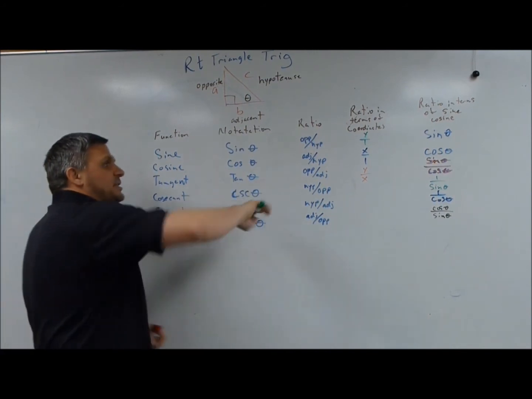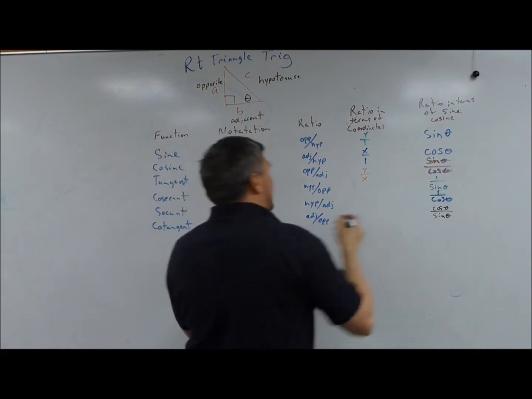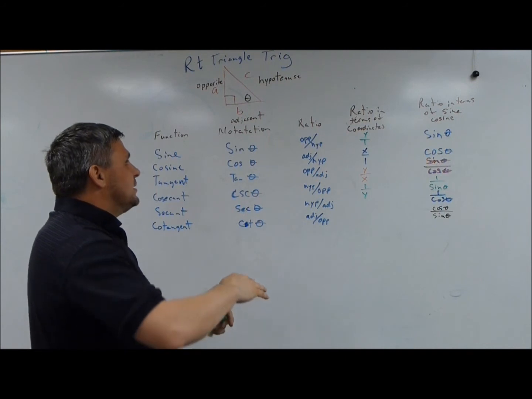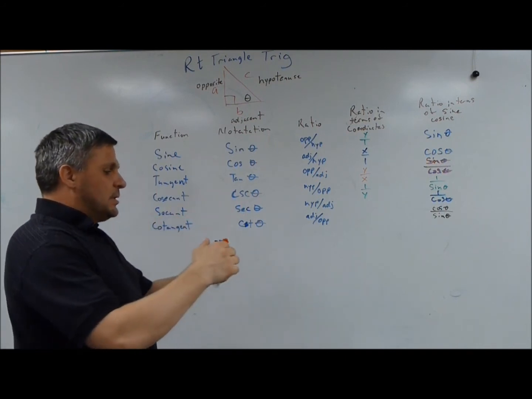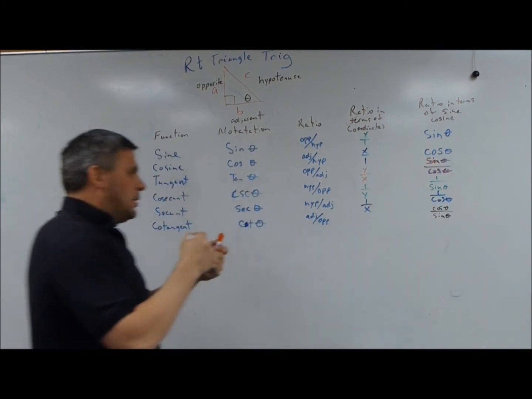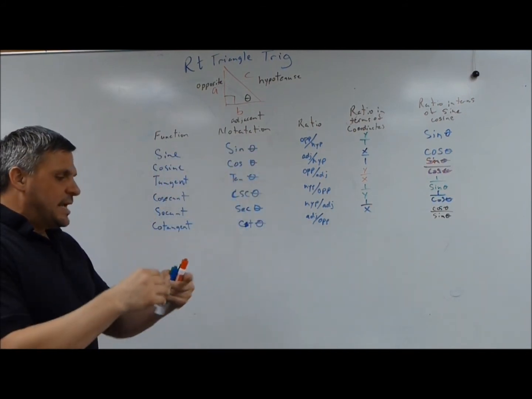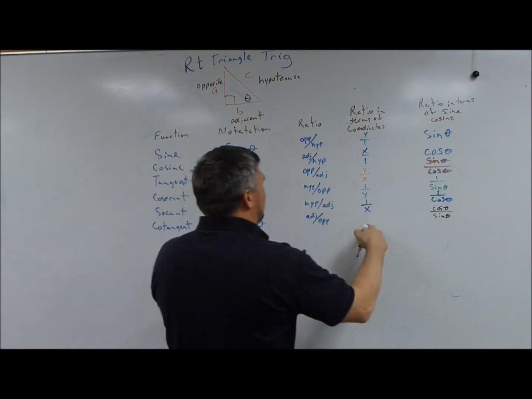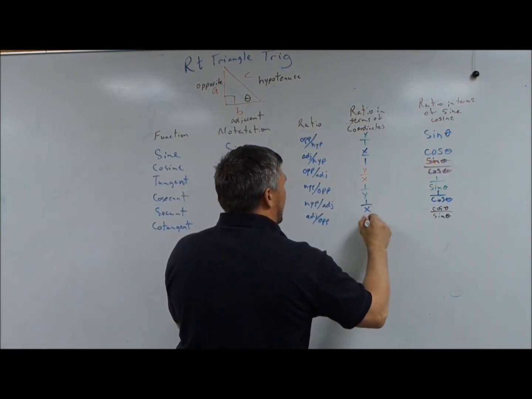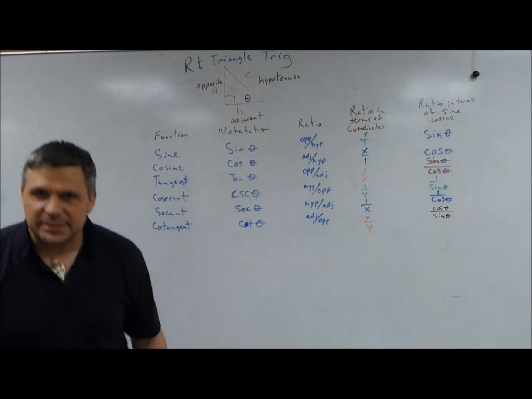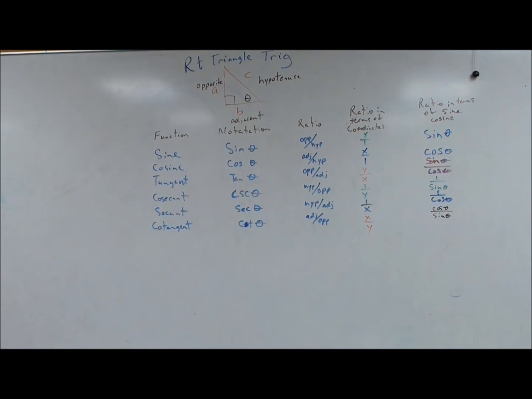The cosecant is just flipped, so it's 1 over y. The secant is the cosine flipped, so it's just 1 over x. And the cotangent is just the tangent flipped, so it's just x over y. So now if I give you coordinates on the test, you'll be able to find the theta.